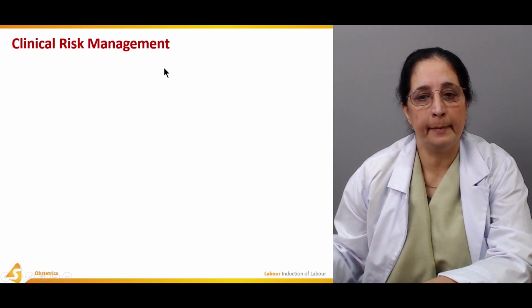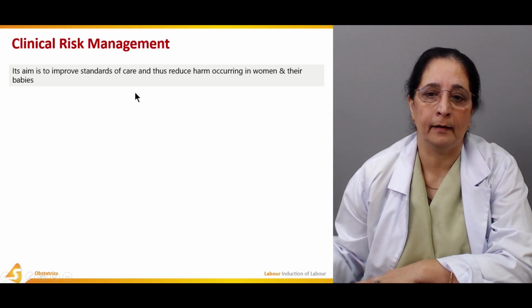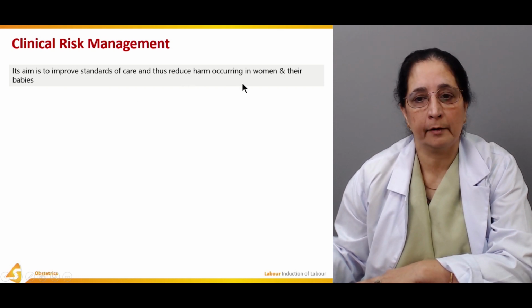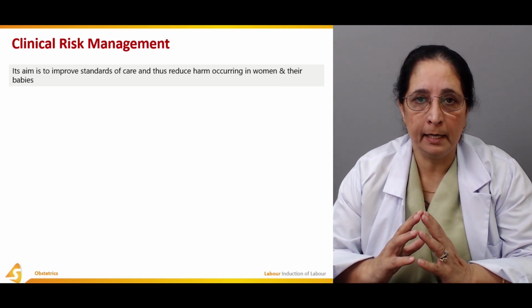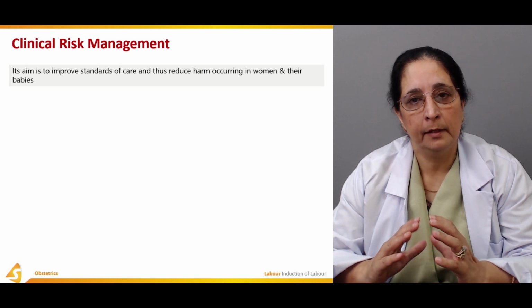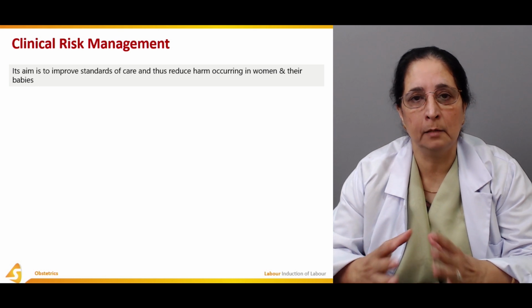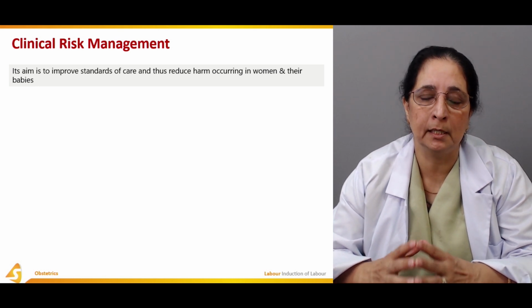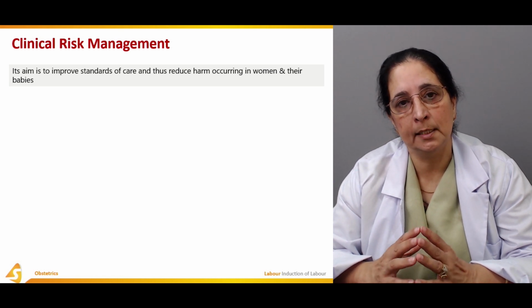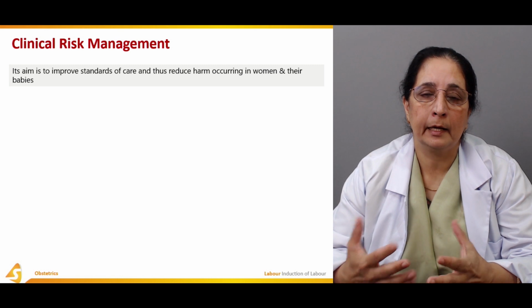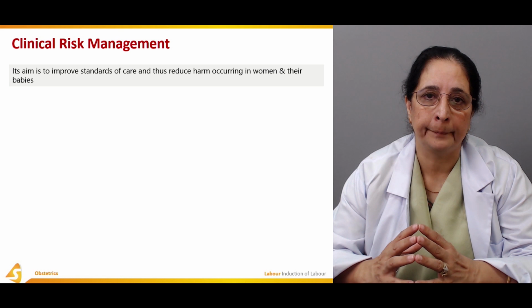Clinical risk management. Its aim is to improve the standard of care and reduce harm occurring to women and their babies. It's very important, because even in this age and time, there are so many maternal mortalities and morbidities, and fetal mortalities and morbidities, due to poor clinical management during pregnancy.